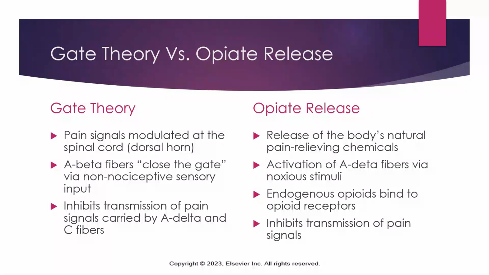Are we trying to get gate theory of pain control, or are we trying to get opiate release theory of pain control? You really need to know the difference between these two. Start making that kind of mental note. Gate theory, acute pain. It's only going to be sensory information, that light tingling sensation that we're going to feel.